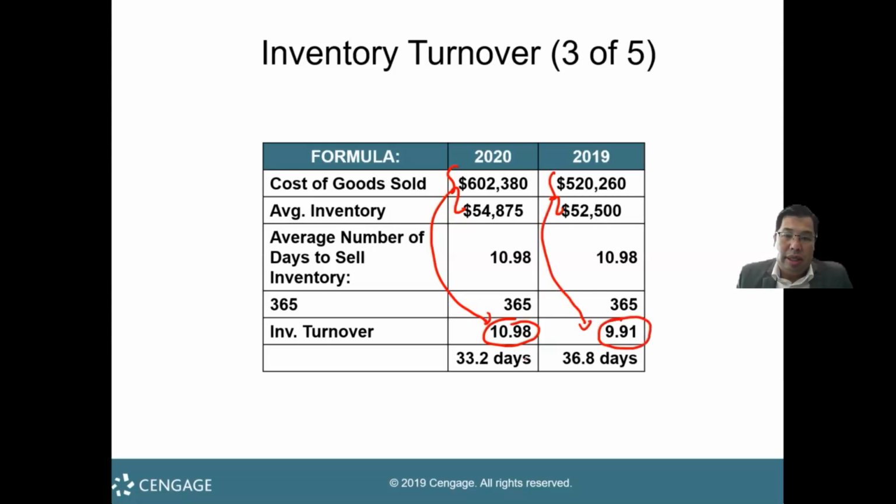Just ignore this part. So it shows that in 1 year, you replace the inventory 10.9 times, compared to the previous year, when you replaced your inventory 9.9 times. So the higher the value, the better, the more efficient you handle your inventory. Don't look at the number of days here, just focus on this part only.